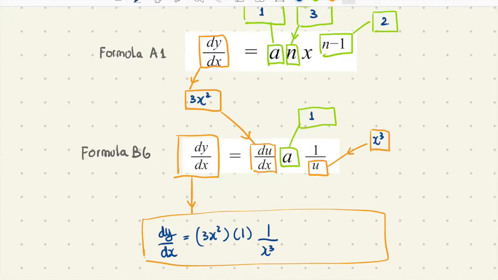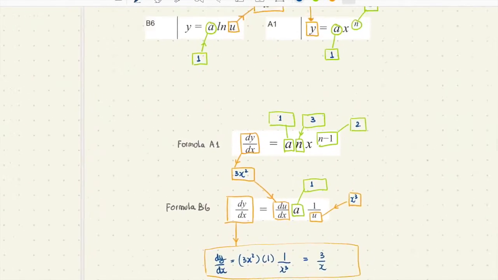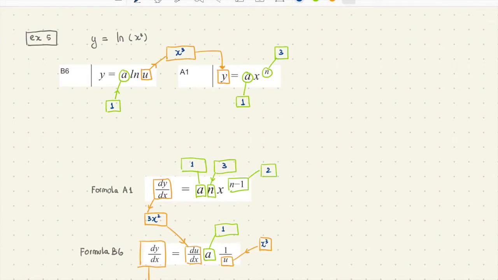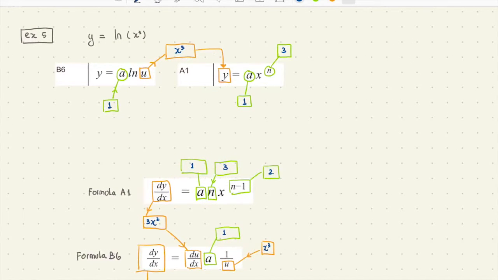And if you simplify, you get 3 over x. Very simple. That is example 5, ln x cubed.